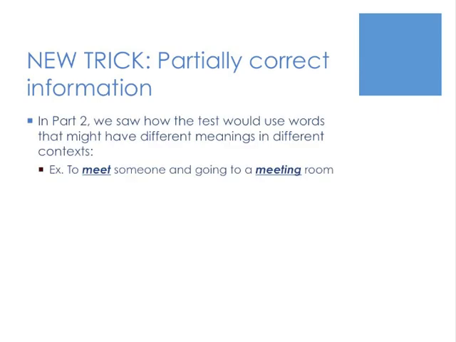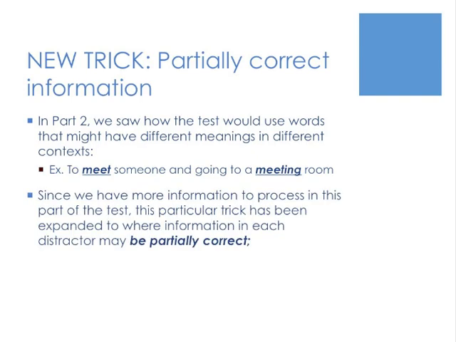Now, in the question and response section, we saw how the test would use words that might have different meanings in different contexts. For example, one of the tricks we noticed in the previous video was the fact that to meet a person isn't necessarily the same as going to a meeting room. The words themselves look the same, or at least have a similarity, but they don't necessarily mean the same in this context.